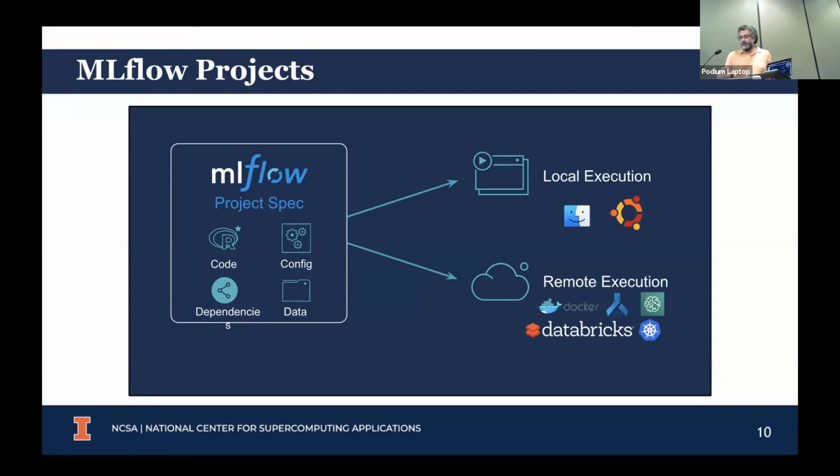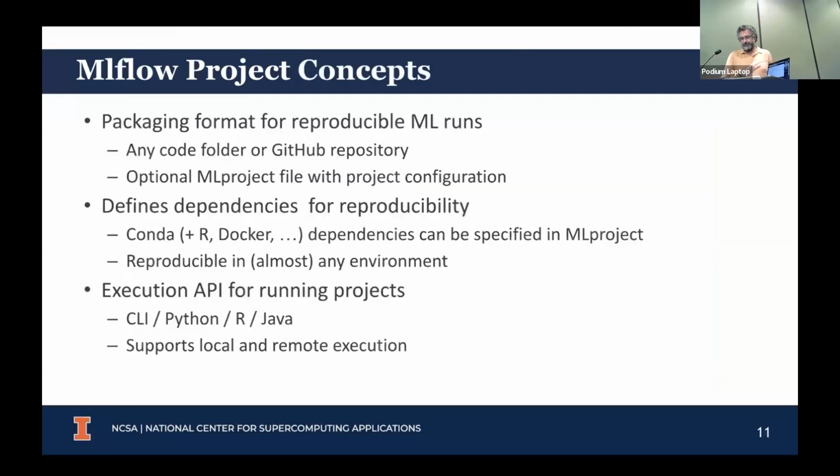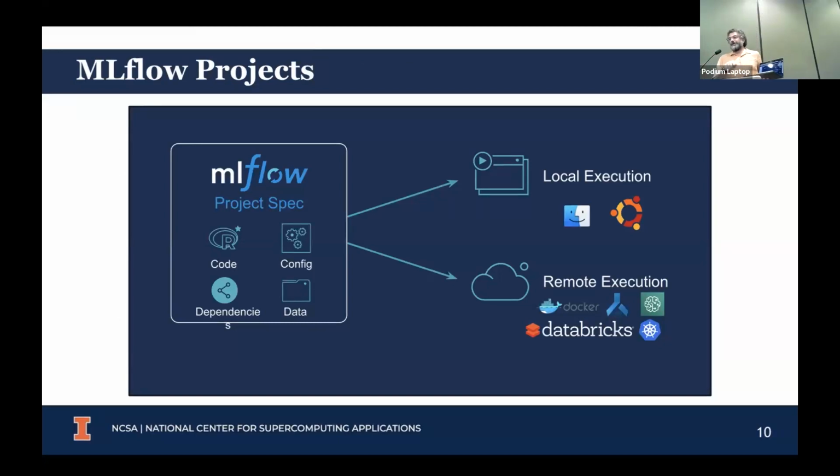And you can run it on your laptop, or it has built in some backends for remote execution, Docker and Kubernetes. And because I work at NCSA, we've worked on a Slurm backend.